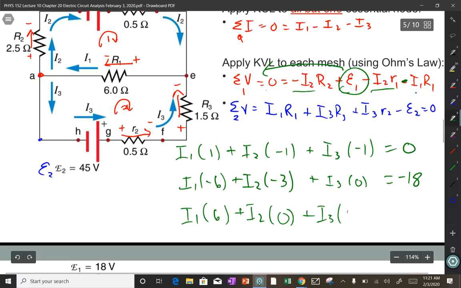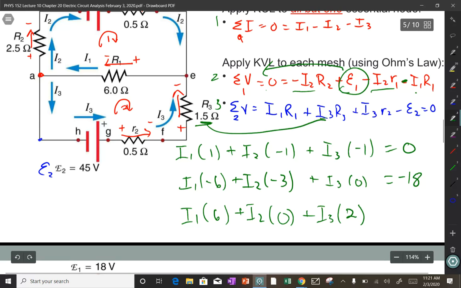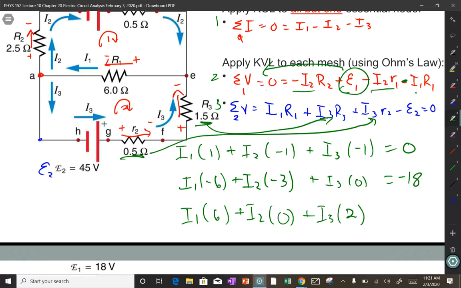Where are you getting your third equation from? This here is the third equation. So you went 1, 2, 3, 4, 5. Okay, so this here, 1.5, is the R3. And this here, 0.5, is the R2. That is going to equal 45. Okay, this was minus epsilon 2. I have to move it to the other side of the equation, so it's going to be plus, or EMF 2, I should have said. So plus 45.